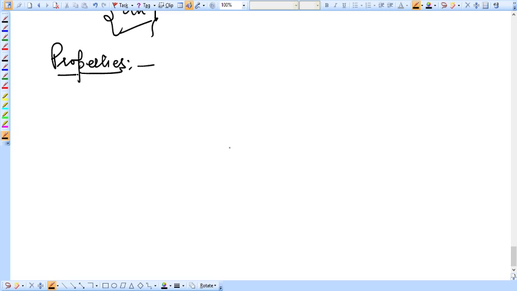Later on we will be using these properties in the results we are going to prove on the concept of sequences. So the first property is: an is always less than or equal to U, for all n belonging to natural numbers. Obviously, this is an upper bound. What does being an upper bound mean?